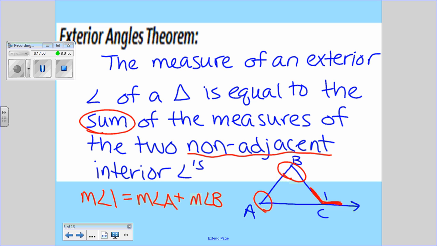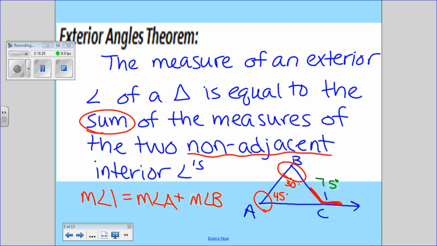So let me just give you a little example here. If I know that this is 45 degrees, and I know that angle B is 30 degrees, what does angle 1 have to be? 75 degrees, right? Angle 1 has to be 75 degrees. Which we could also figure out using the triangle sum theorem.